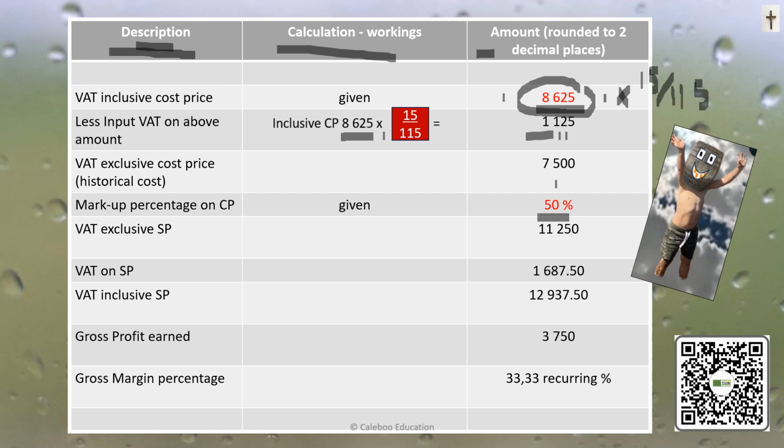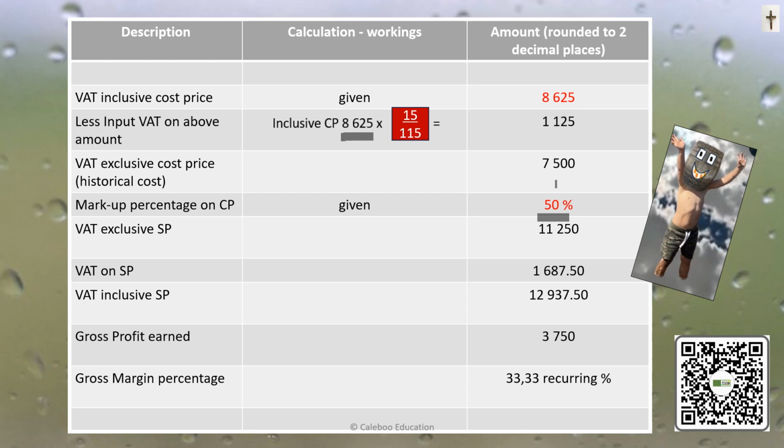We were given the inclusive cost price, including VAT, and they asked us to calculate input VAT. And I have done that for you by multiplying the inclusive cost price by 15 over 115, and it gives you 1125, and we're scoring marks.